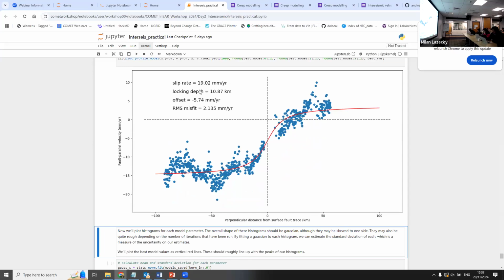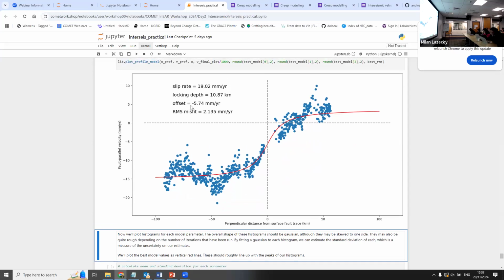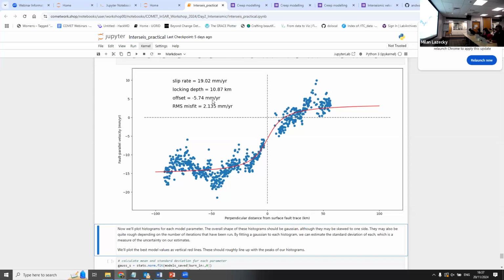So you can see the best fit slip rate for this profile is 19 millimeters per year, locking depth is 10.8 kilometers, offset is -5.